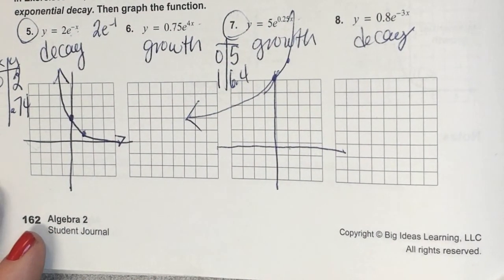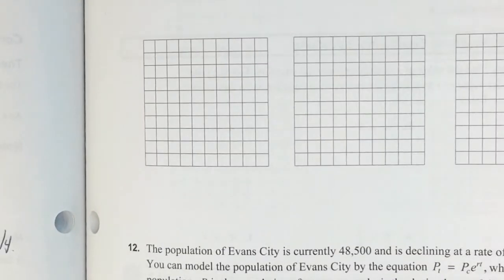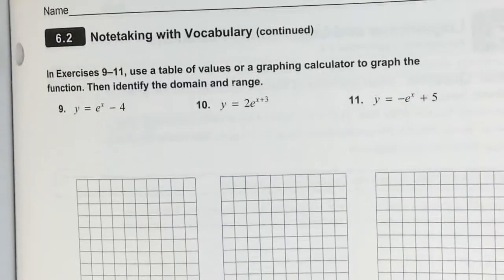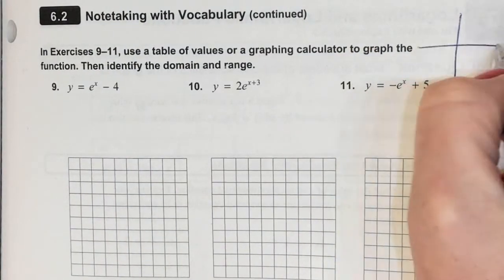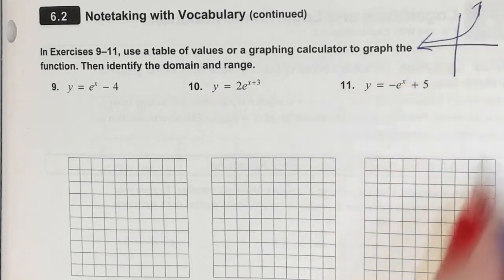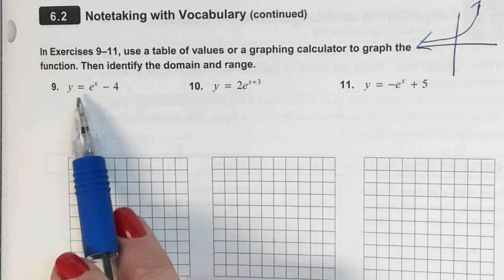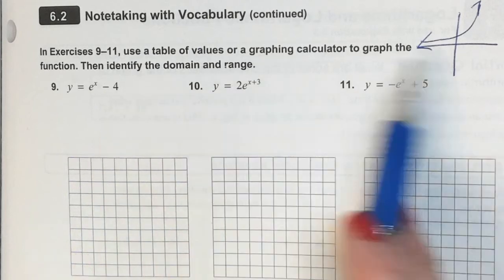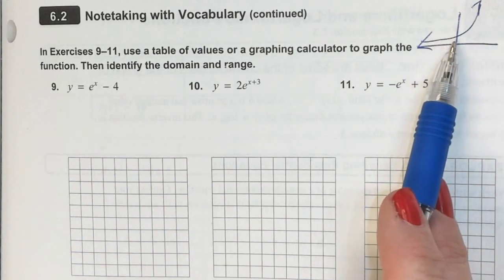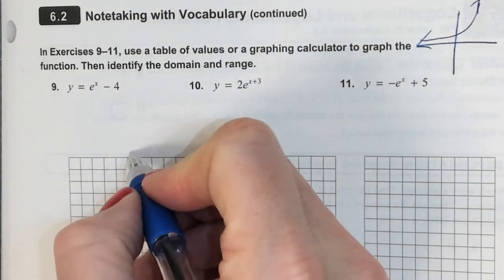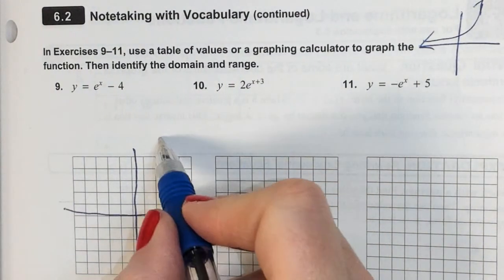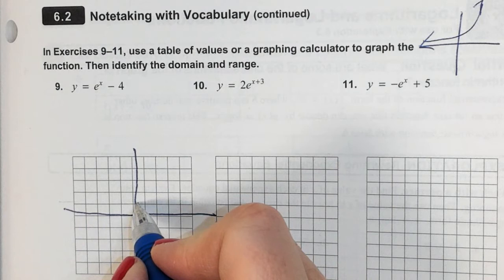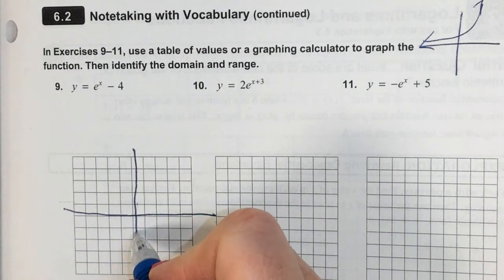All right, questions? What about our basic rules here for shifting? We should know what e to the x looks like. E to the x is just that graph that goes just like that. What's going to happen if I take that graph and it has minus 4? What happens to the entire graph? Down 4, right? So here would have been my normal graph, but now that point (0, 1) got shifted down 4 units.